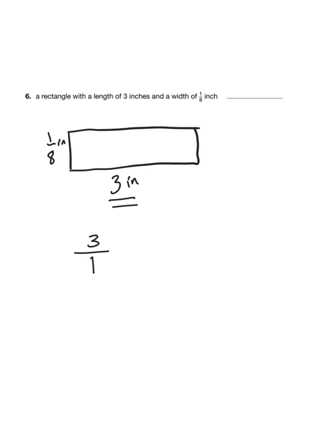The denominator of 1 means that the 3 is still in whole number form, but it just keeps it organized for me and makes it easier to multiply. Okay, so now I can just follow the same strategy, which is multiply your numerators, multiply your denominators, and you get 3/8 square inches.